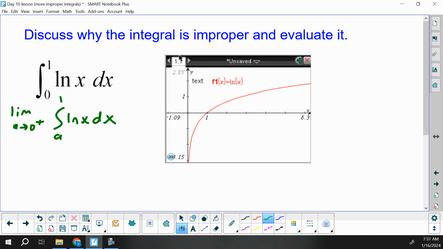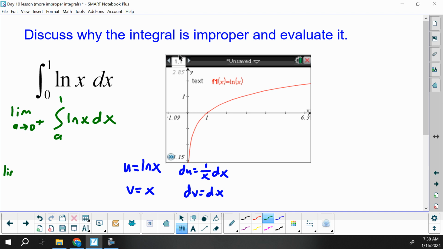Well, we don't have an antiderivative for natural log dx. This is something we've seen a couple times using integration by parts. So our first thing in the hierarchy for our u's for integration by parts is natural logs. So we'll let that be our u, meaning dv is just dx. V will be x, and du will be 1 over x dx.